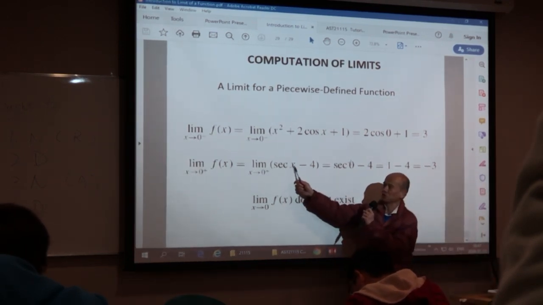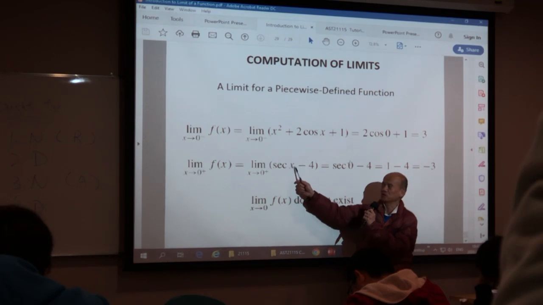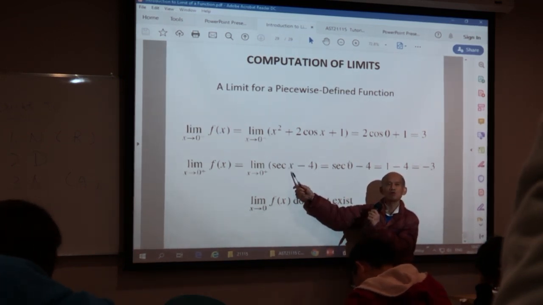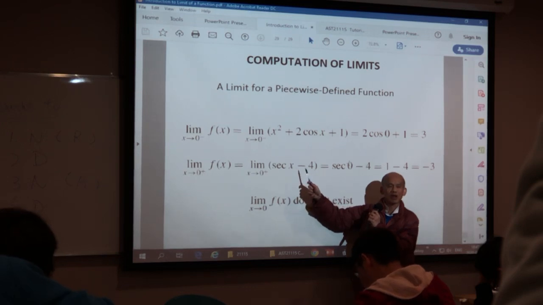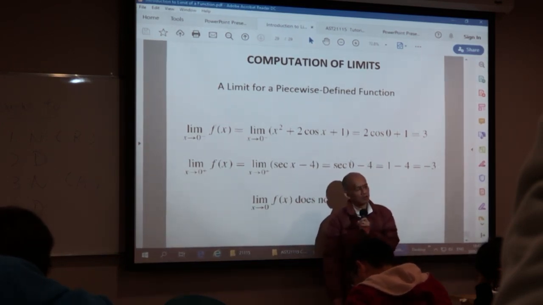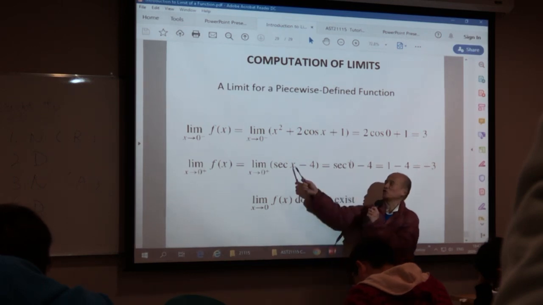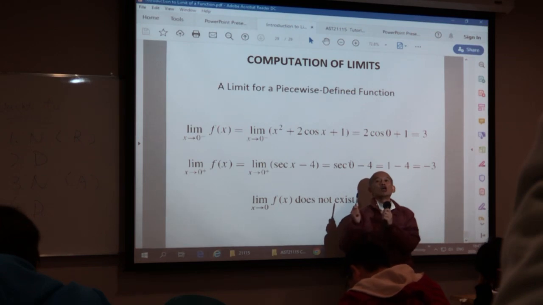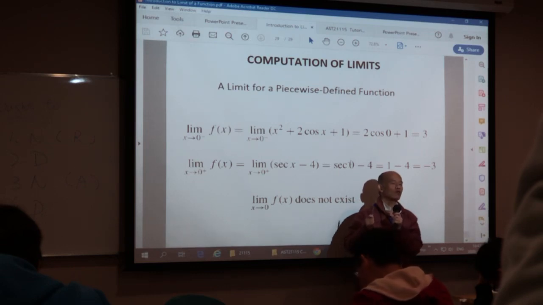This is from the right, and this one is 1 over cosine. So long as it is non-zero, we can do direct substitution. Now it is one by one consideration. When would cosine be 0? It is odd multiples of pi over 2.